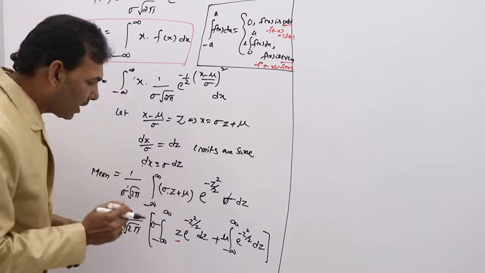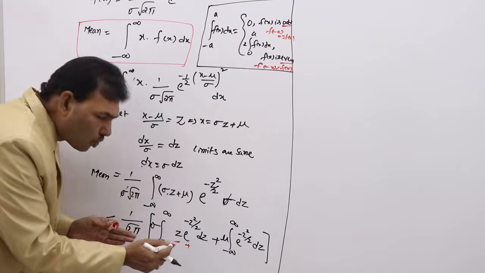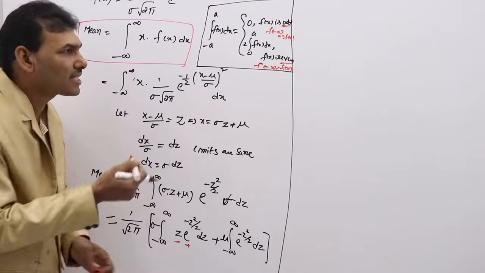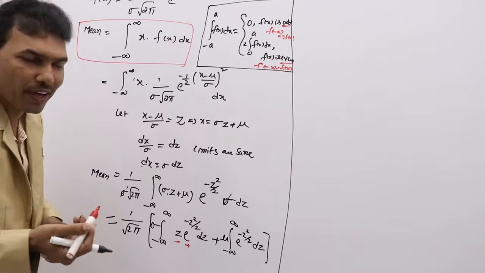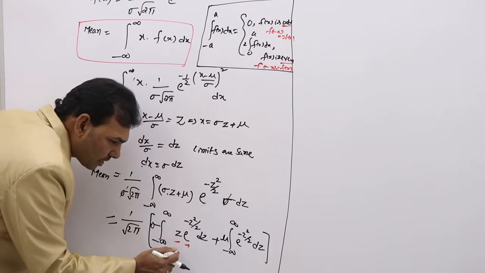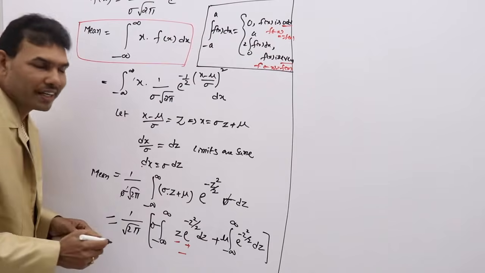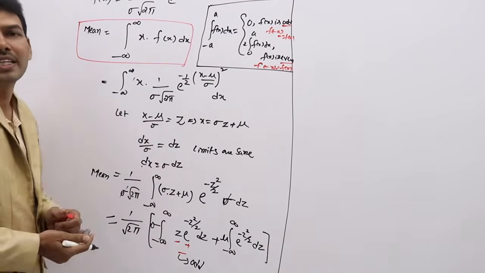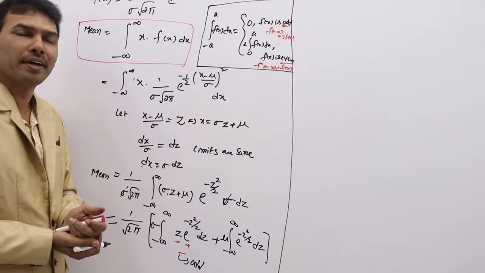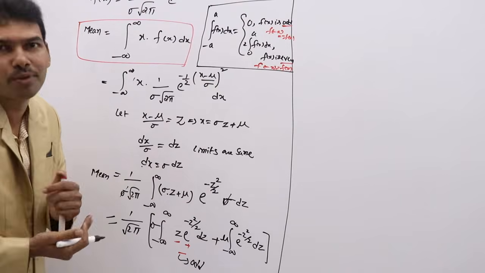If it is even, I treat it with a plus sign. If you multiply these two and get minus, that will be an odd function. If you get plus, that will be even. Minus into plus, you get minus. So what can we decide about the first integral? This will be an odd function. This is the easiest way to decide whether a function is even or odd whenever two functions are in a product.